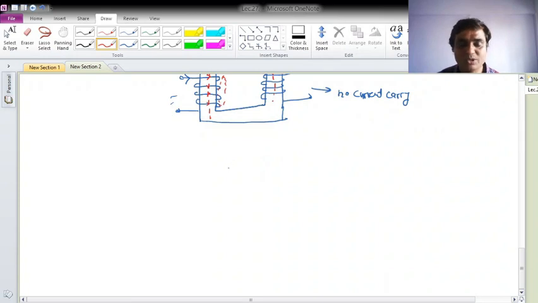So now I want to find out how much mutual flux is linked to coil 2, which is defined as M21.